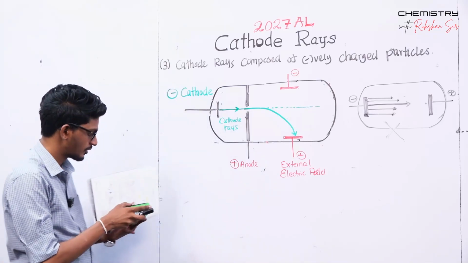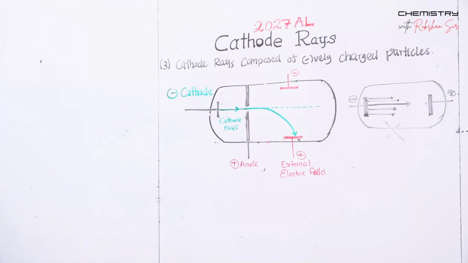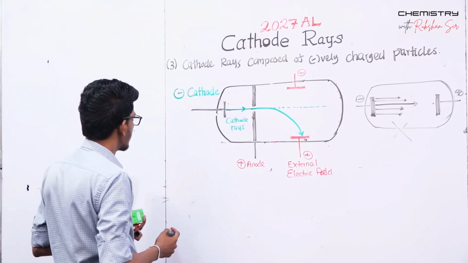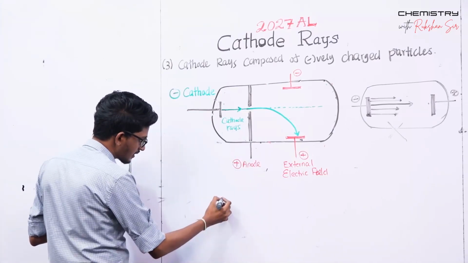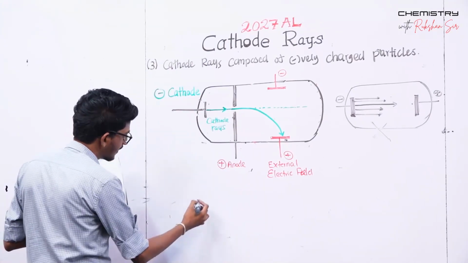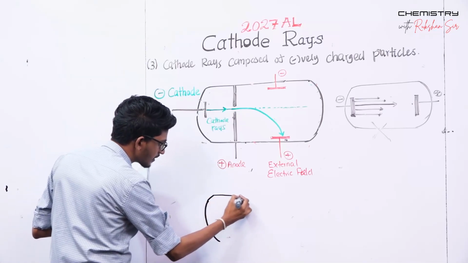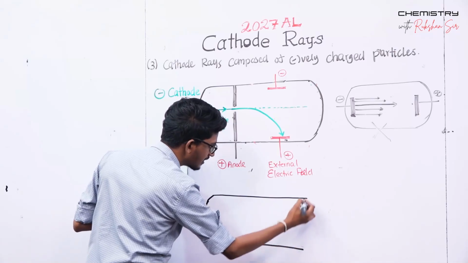Yes, the second experiment which we are able to do is actually this. I'll take some other pen. You can complete this kind of experiment, not only with an external electric field, but you can apply an external magnetic field as well.